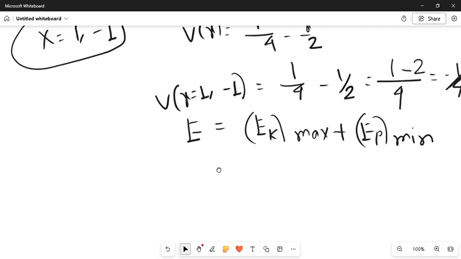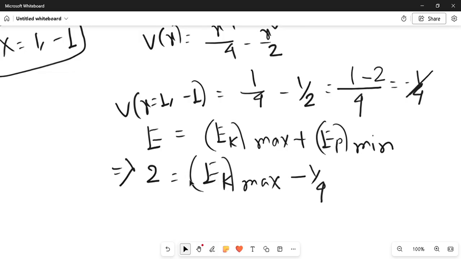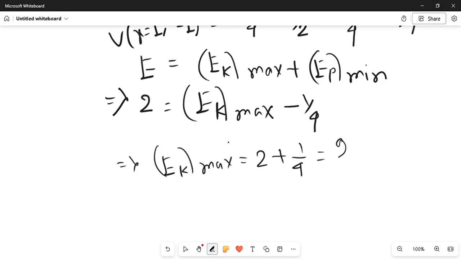E is equal to 2 joule, given, and Ep minimum is minus 1 by 4. So Ek maximum is equal to 2 plus 1 by 4, which is 9 by 4.